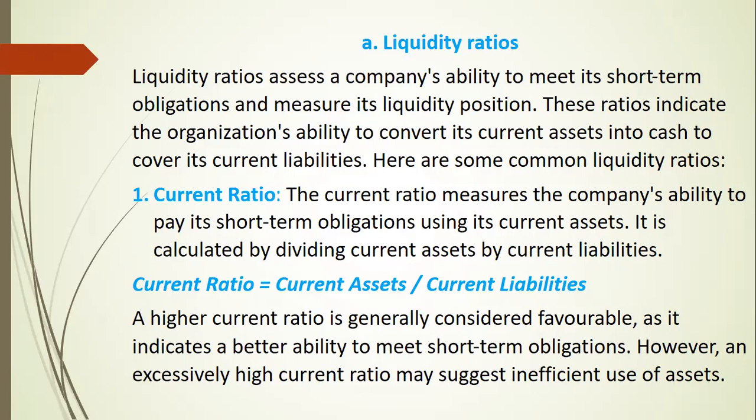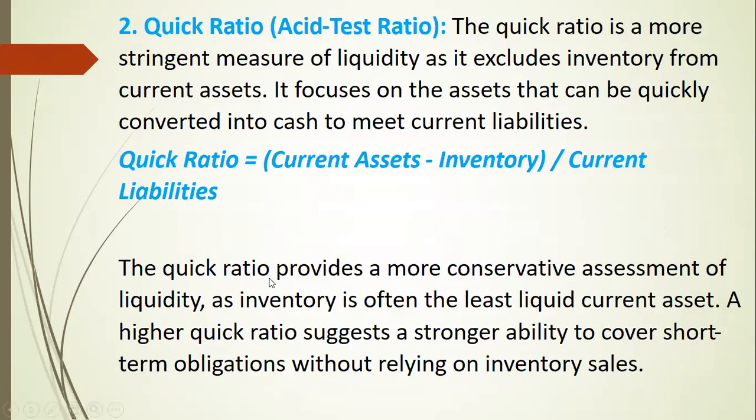Then I will go to the second one under liquidity ratios, that is the quick ratio. The quick ratio is a more stringent measure of liquidity as it excludes inventory from current assets. So the current assets will be less inventory, because it focuses on assets that can be quickly converted into cash to meet current liabilities.